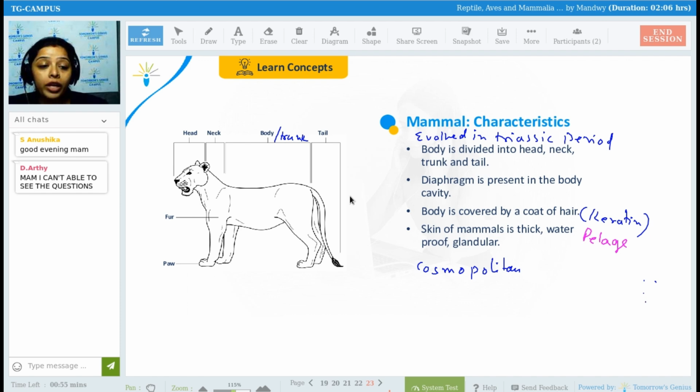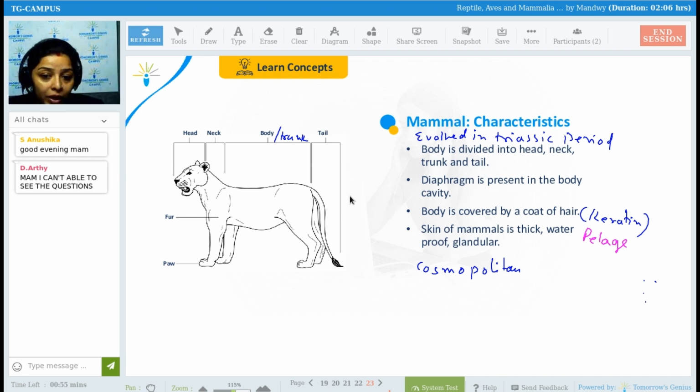Plus, in some part of the body or in some individuals, they have mammary glands. And because of the mammary gland, the name of the class is mammal. Mammary gland is well developed in the female body, whereas mammary glands are ill developed in the male body.